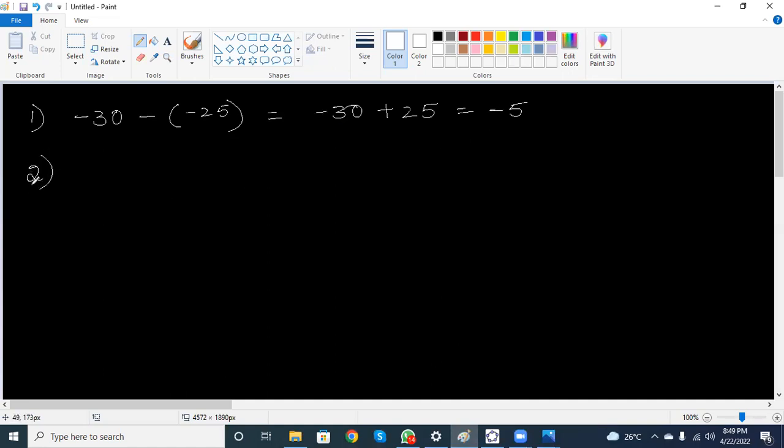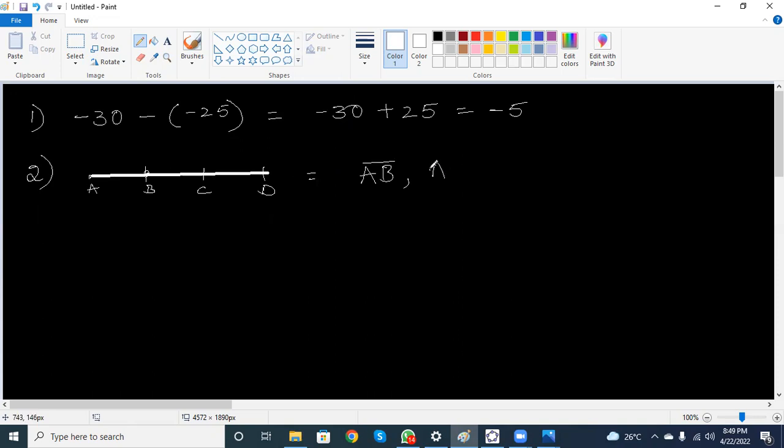Next, question 2. Name all the possible line segments given as A, B, C, D. With A we will write first. AB is a line segment.